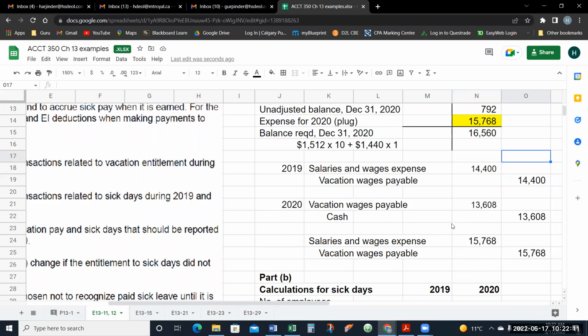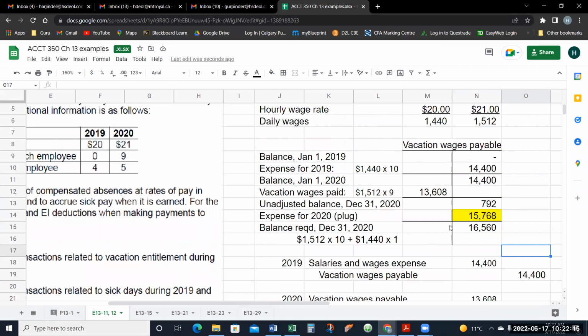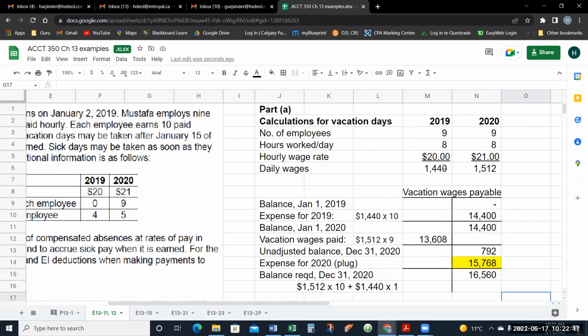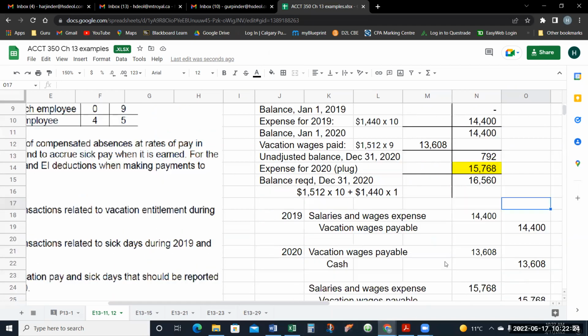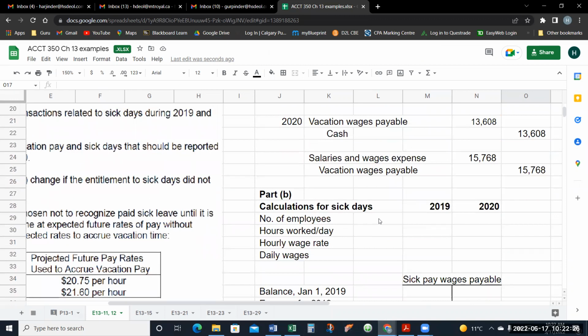Now, looking at part B for the calculations for sick days, it's very similar to what we just did. Just keep in mind that employees are allowed 6 sick days instead of 10 vacation days.